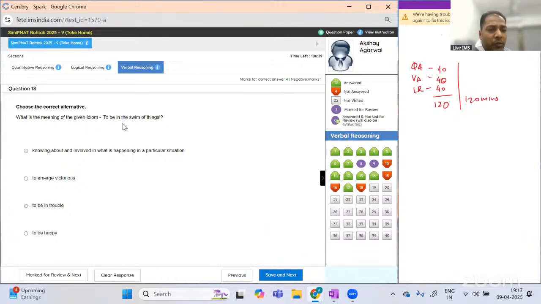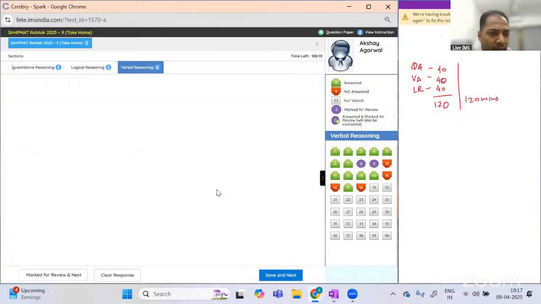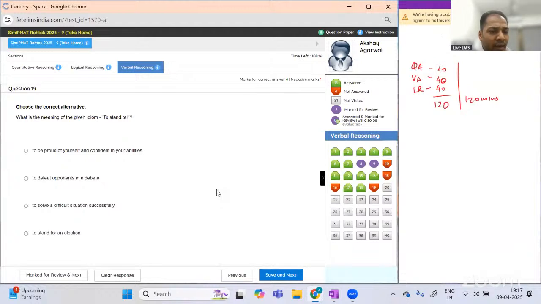What is the meaning of the given idiom? To be in the swim of things. I think what it means is to be aware of what's happening. So maybe option A, to stand tall.